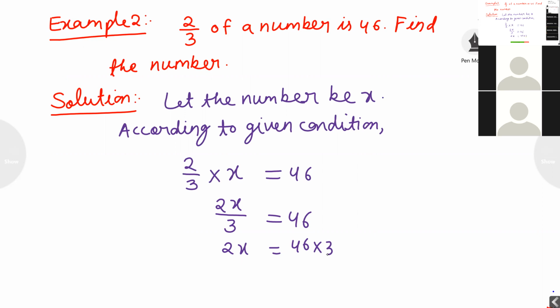Then x is equal to 46 into 3 divided by 2. Now 2 ones are 2, 2 twos are 4, 2 threes are 6, 23 into 3. 3 threes are 9 and 3 twos are 6. The number is what? 69. Note down, everyone.